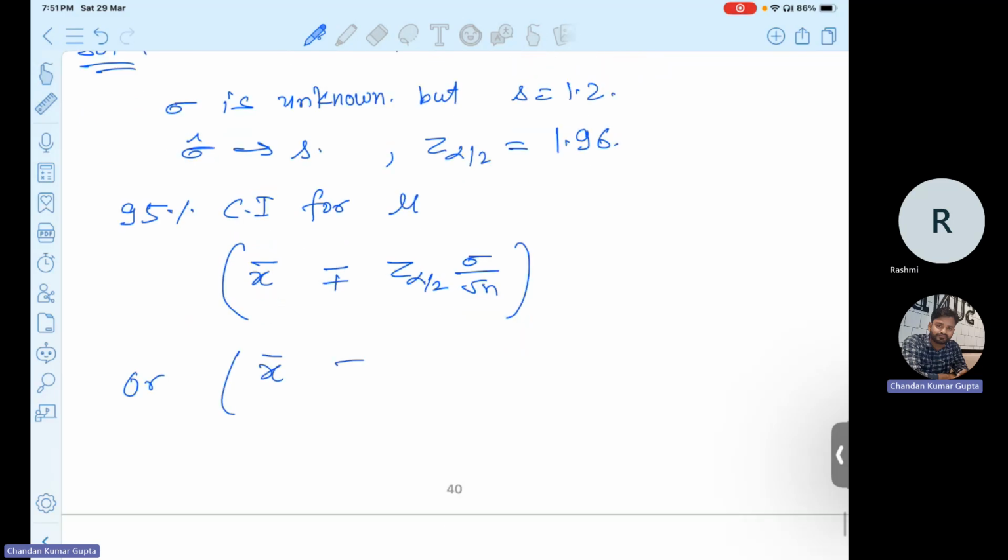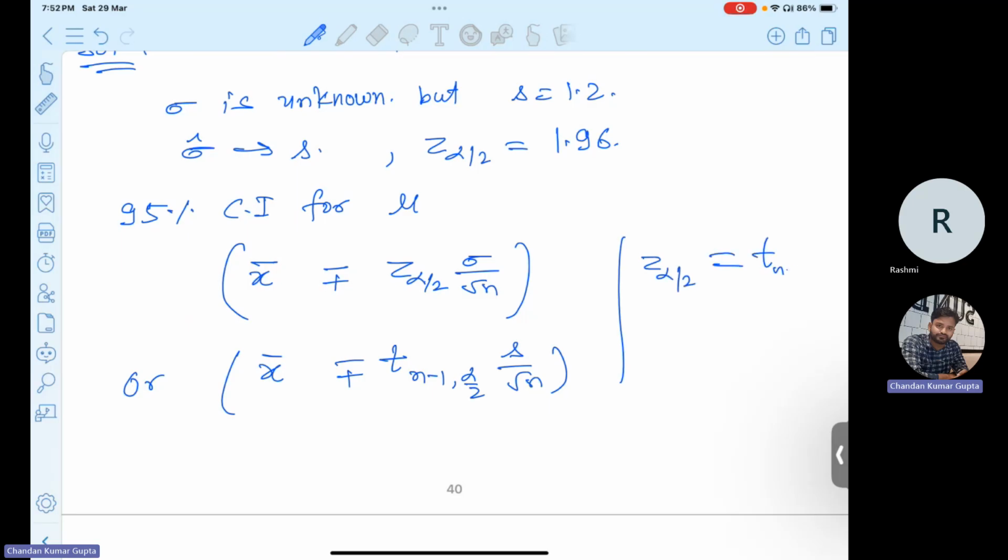Or we can use x bar minus plus t with n minus 1 degrees of freedom at alpha by 2, times s by root n. Since n is large, z alpha by 2 is equal to t n minus 1 alpha by 2, so we can use either formula.